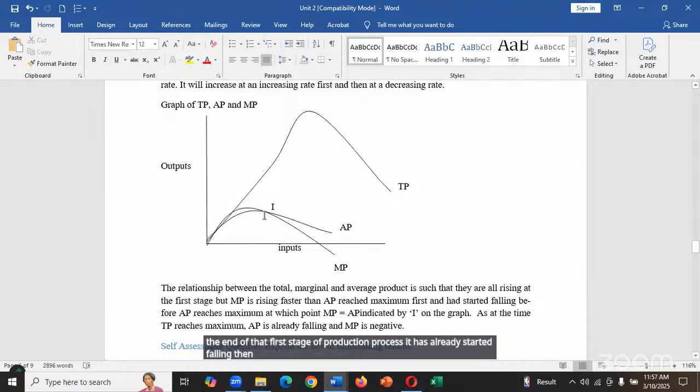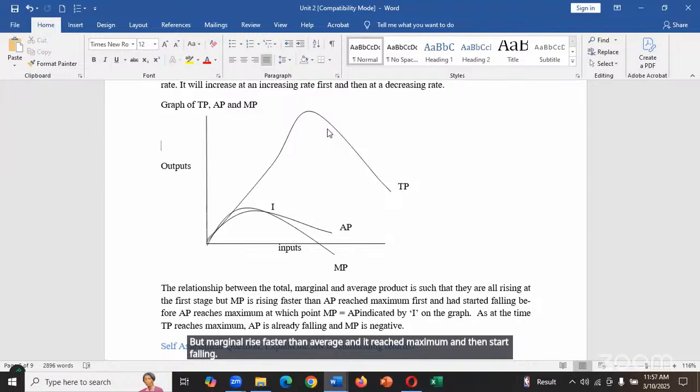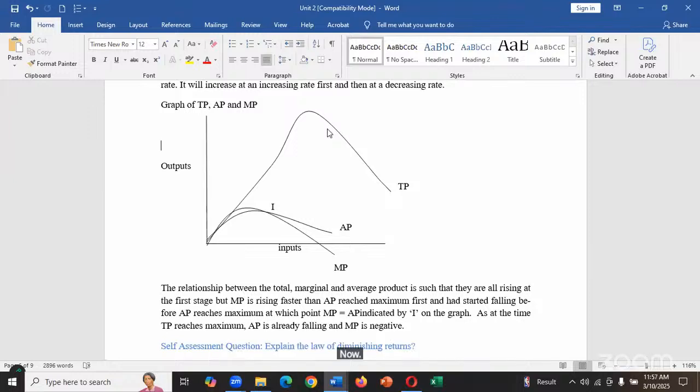So the major things to note in the first stage is that the three concepts are rising, but marginal rises faster than average, and it reaches maximum and then starts falling. Now, in the second stage, marginal product is already falling.